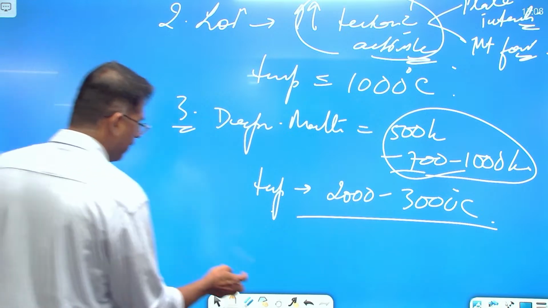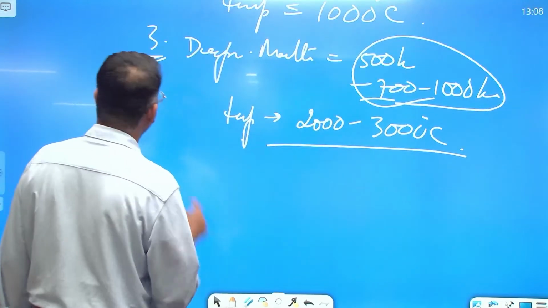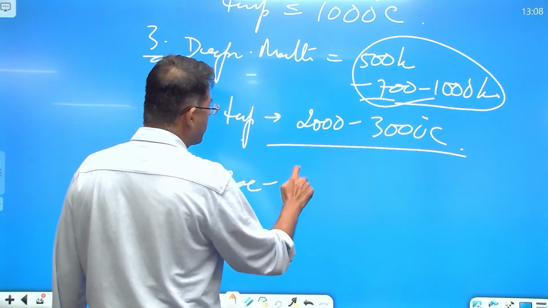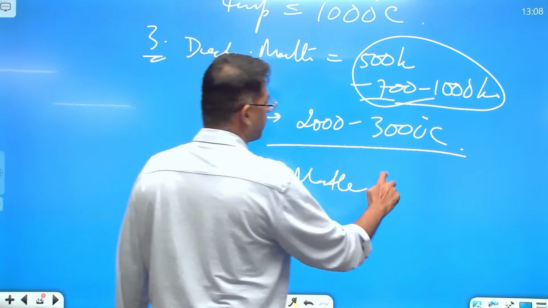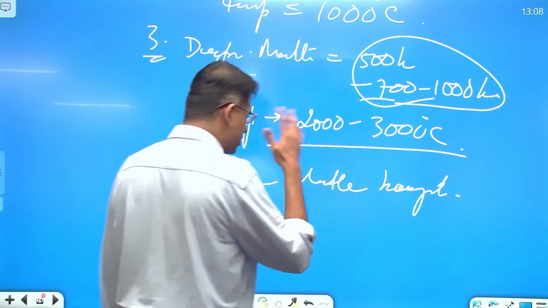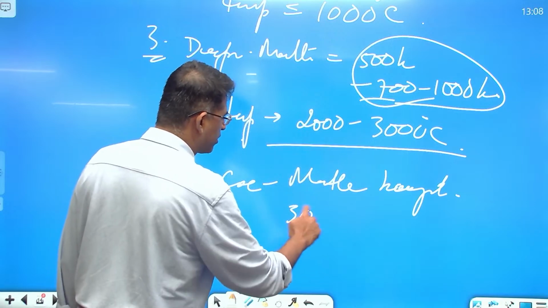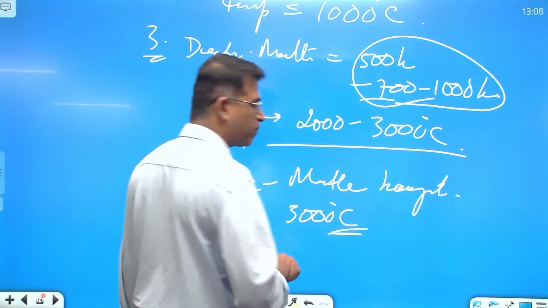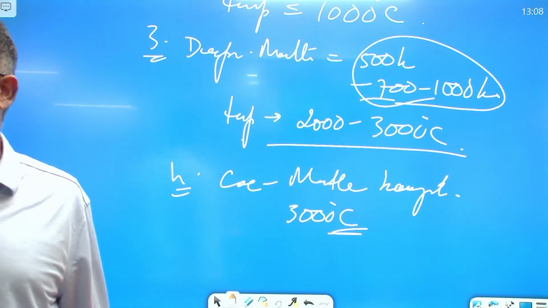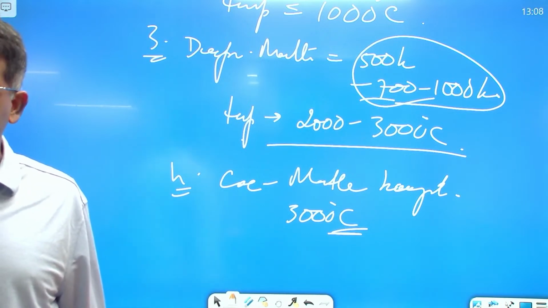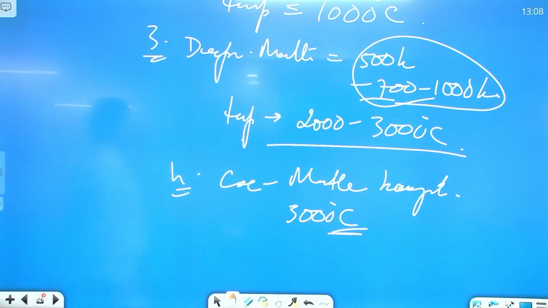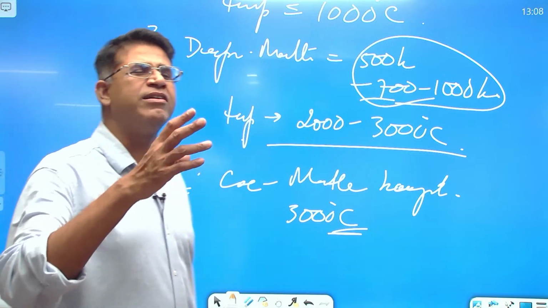Then if we go as deep as the core mantle boundary, the temperatures can be again at around 3000 centigrade. Your books may give you 2900, 2700.